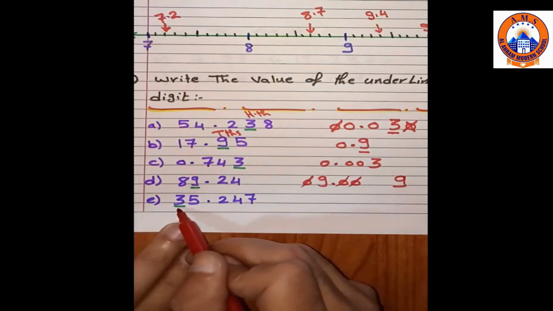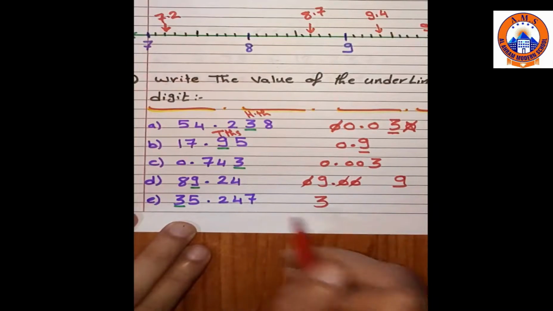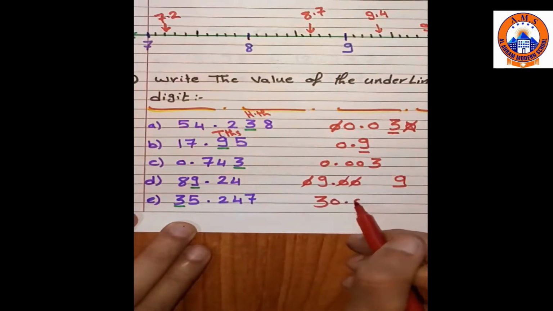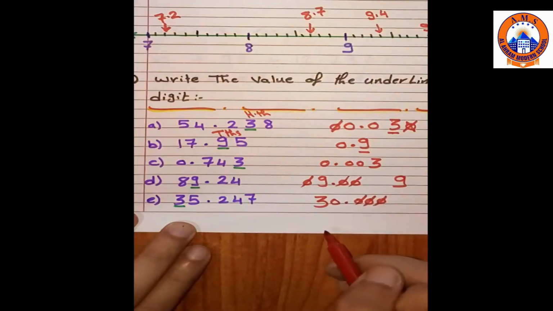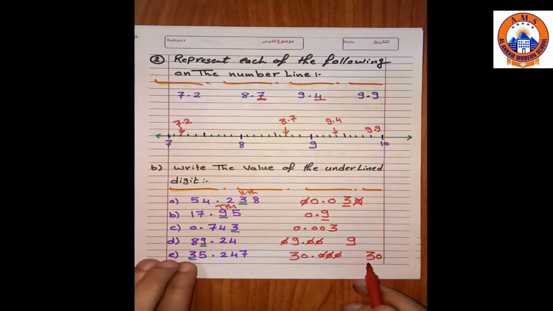We have 3, this 3 is in the tens digit, I'm gonna put 3 and replace all the other numbers with zeros. We can cancel the zeros after the decimal point, but we can't cancel the 0 before the decimal point, so this number will be 30. I will preserve the place of 3 in the tens digit, so it will be 30.